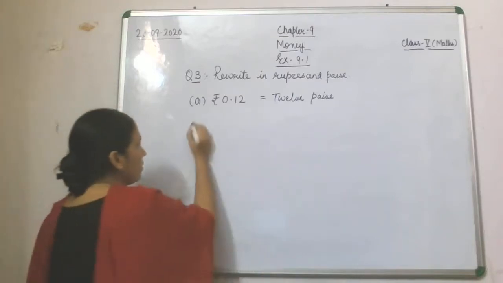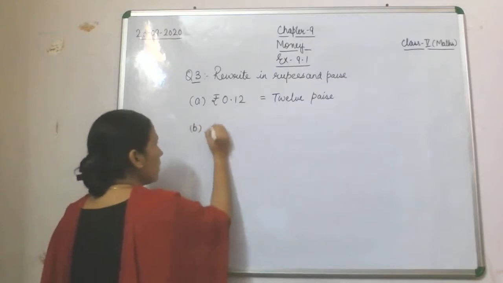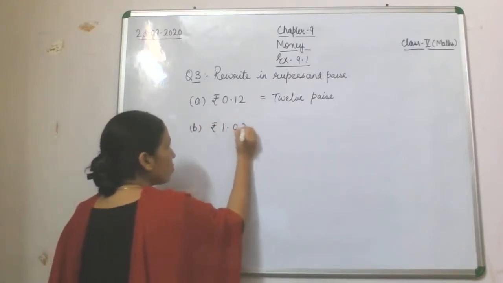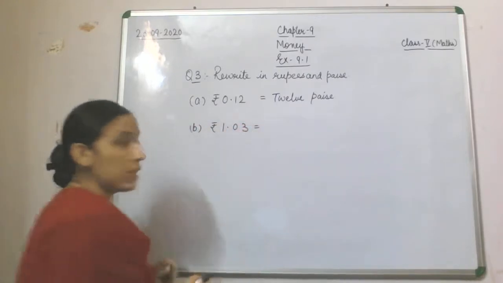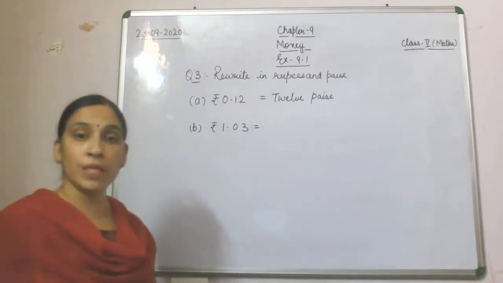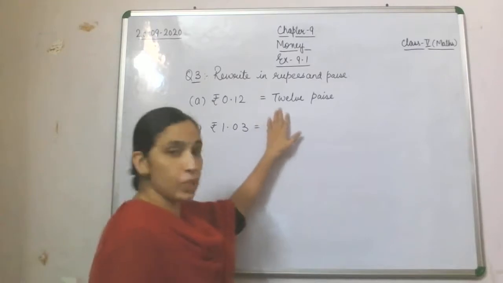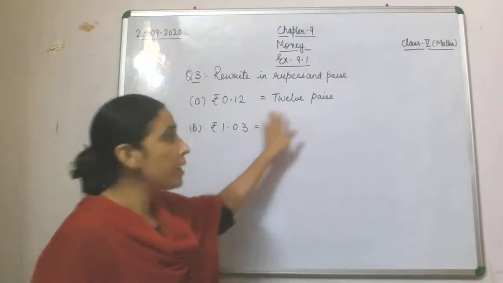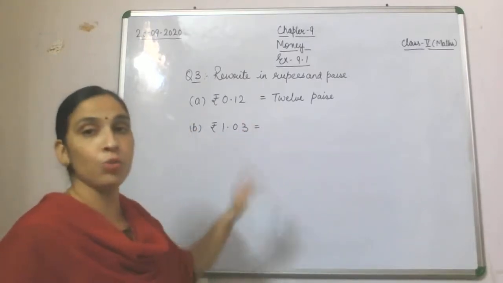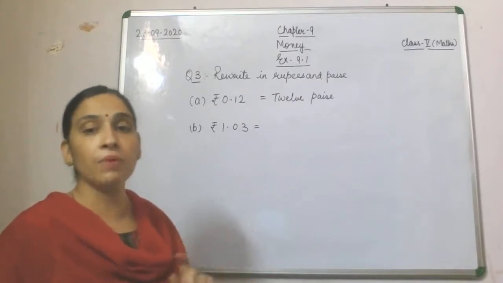B part, that is rupee 1.03. If we have 0, then it is not necessary to mention 0 rupee over here. But if we have 1, 2, 3 or whatever, we will mention that.